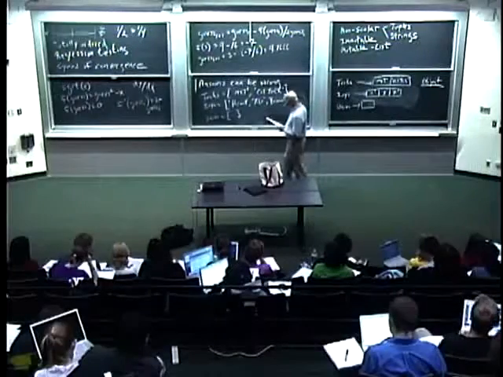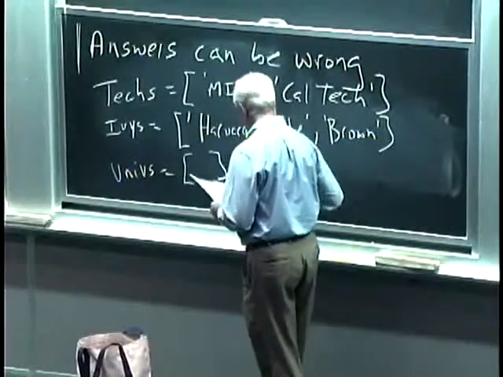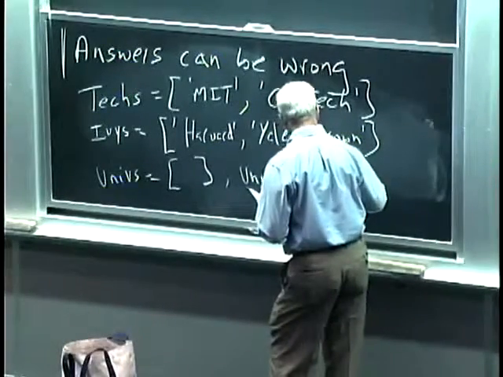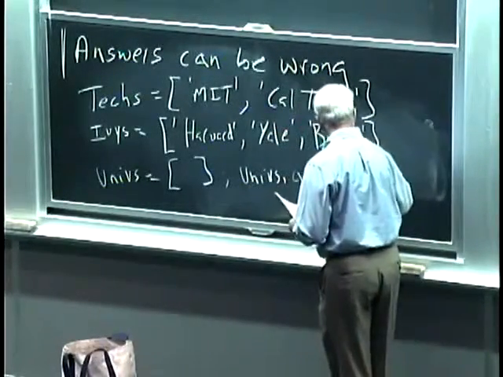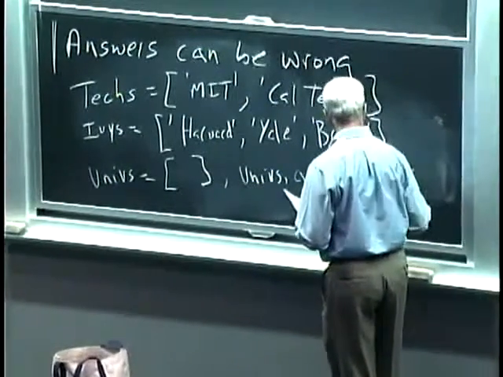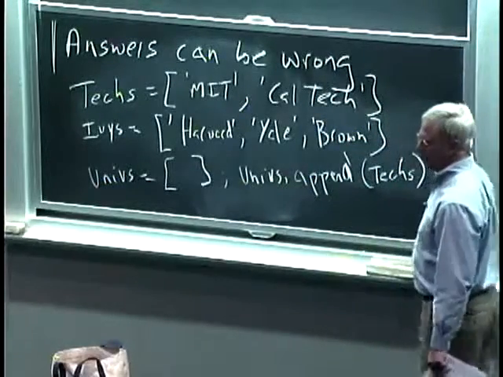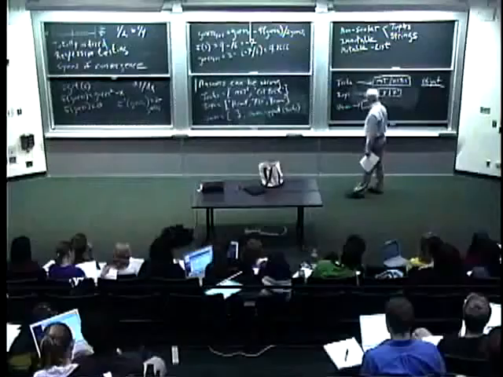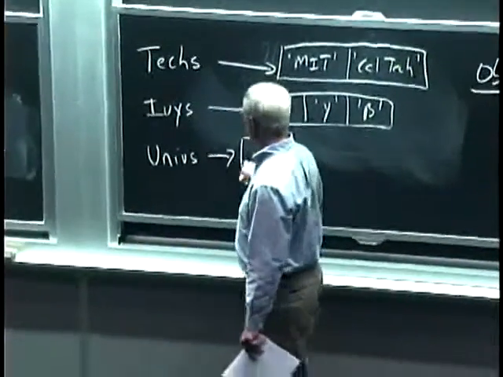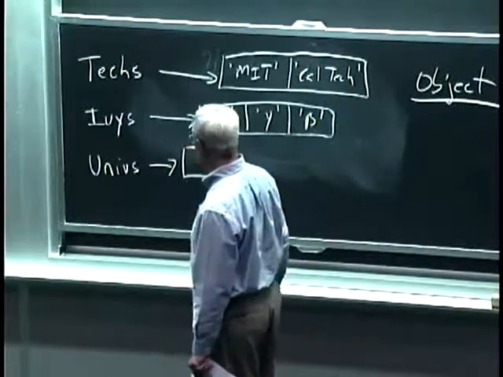And the next thing I'm going to write is unevs.append(tex). What is this going to do? It's going to take this list and add to it something else.